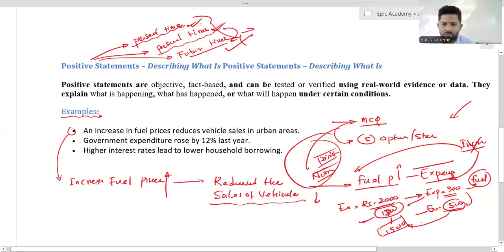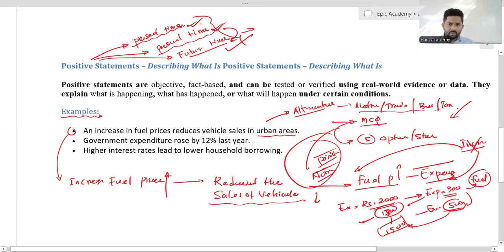That is why they are going to reduce the buying of the vehicles related to the urban area. Why are we going to discuss the urban area? Because they got some alternatives. Okay, if they are going to sell their own vehicle, they can use metro, they can use train, they can use buses or taxis.